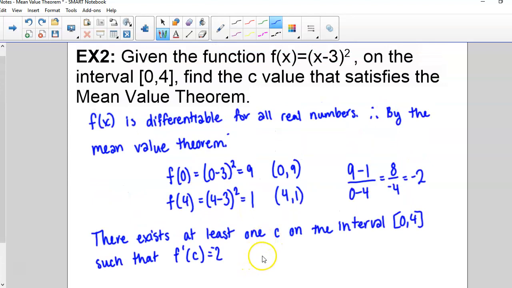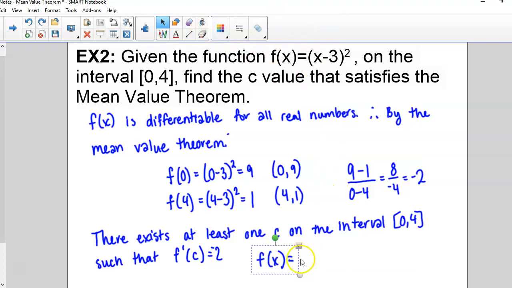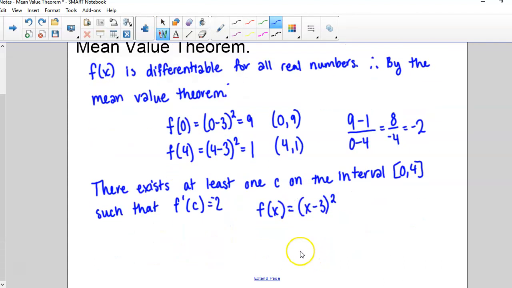And to take our derivative, we've got f of x equals x minus 3 squared. So our derivative would be 2 times x minus 3 times the derivative of the inside, which is just 1, so we don't have to write anything there. And so what we want to know is where is the derivative negative 2. So we set the derivative equal to negative 2.